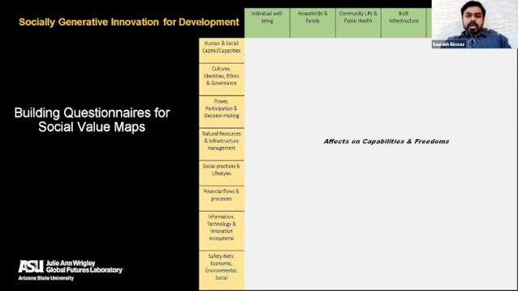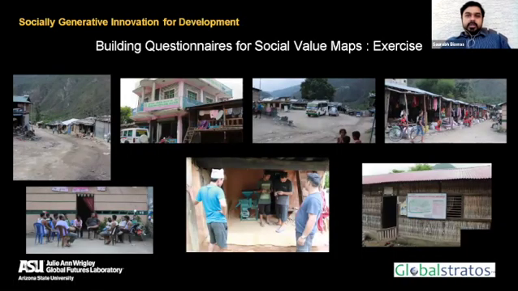Okay, so what I'll do now is tell you a little story about this community, and then you can tell me what questions you have in trying to understand the role of energy in creating sustainable development outcomes for this particular community.